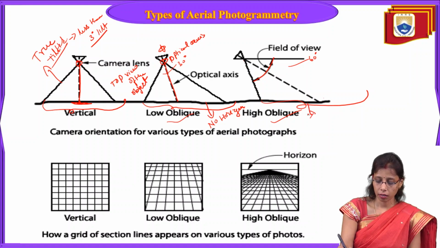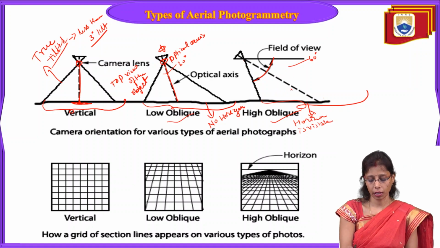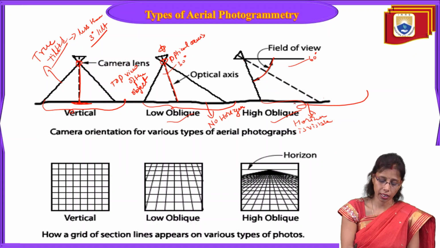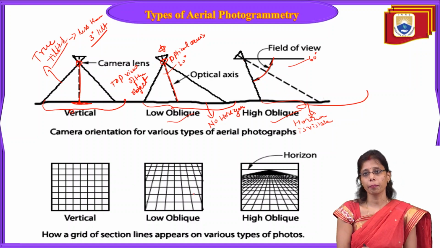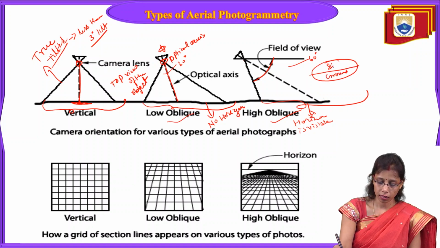Here we have the horizon visible. Let me tell you what the horizon is. Horizon is the line which separates sky and the ground. That means in a photo, the area visible is ground as well as the sky.